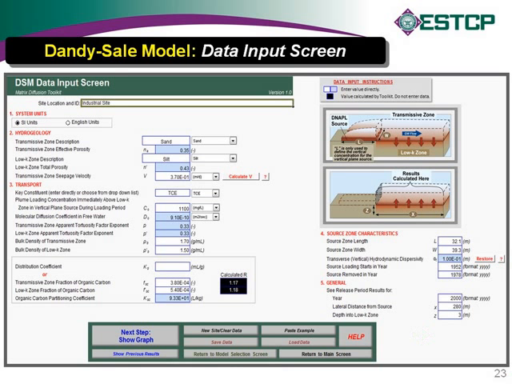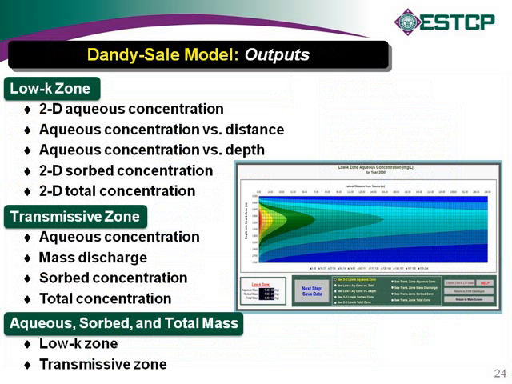So let's go to the list of outputs here. And then, Tom, do you want to do this slide in terms of the different outputs that we have in the Dandy Sail model? Okay, so for the locate zone, you get this panel of the aqueous concentrations, both in 2D and with distance. And also, and this is really important, you get the sorbed concentrations.